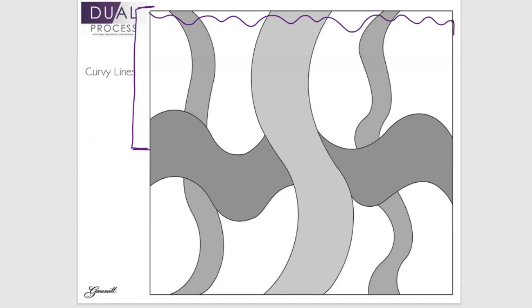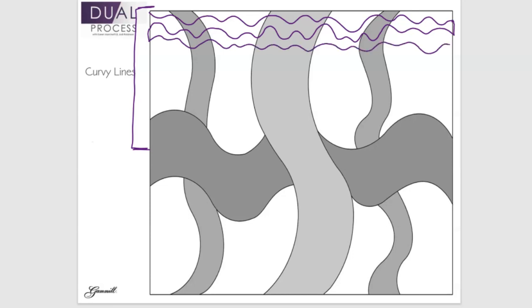And then I'll stitch down my side, and I'll come back, and I don't necessarily want to echo it perfectly. I want it to be different each time so that it's just texture. And then I'd stitch down here, do another one, some really strong curves, some soft curves, and just repeat this all the way across the quilt as I go down.